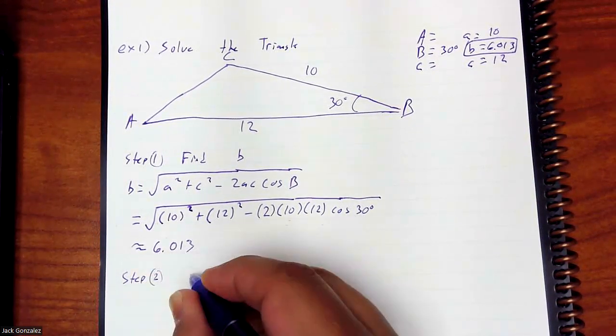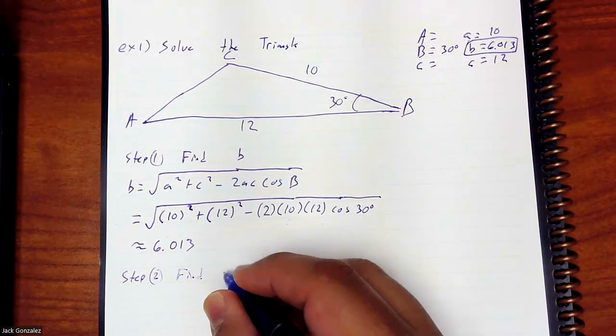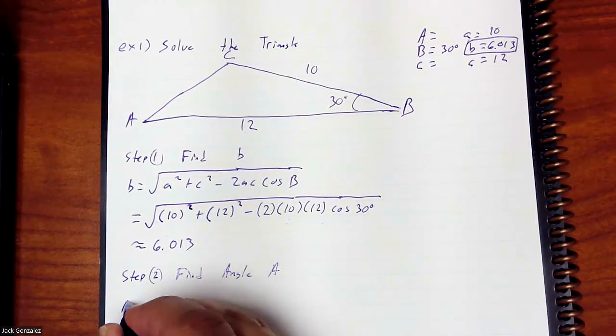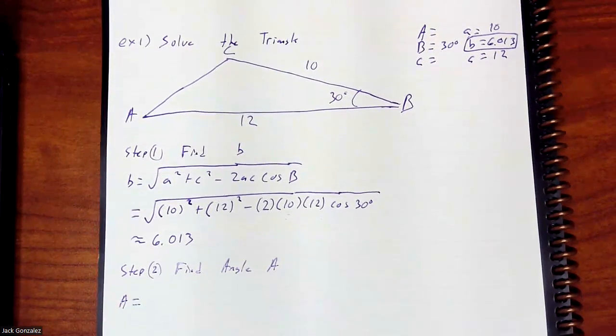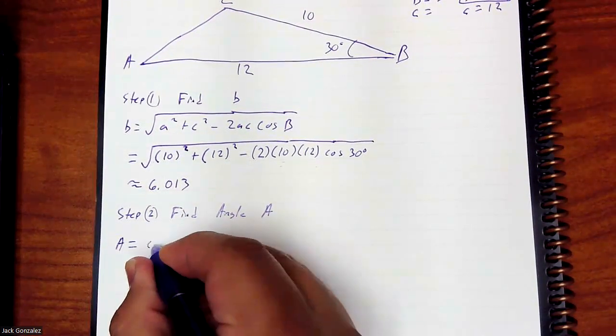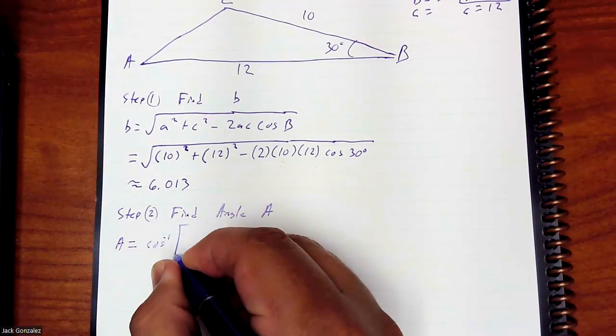Step 2: find angle A. Capital A is equal to the cosine inverse of a bunch of stuff.